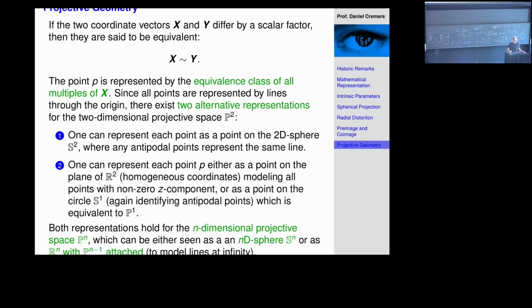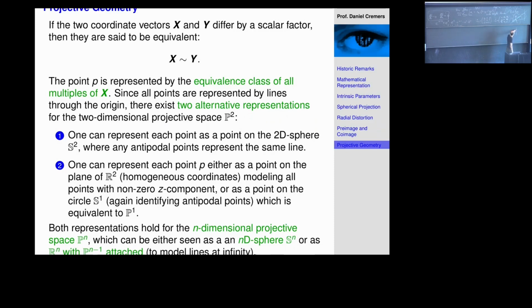This sounds all very abstract, so maybe I should make it a little bit more concrete. Unfortunately, I'm not very good at drawing four-dimensional spaces, so I'm just going to do it in one dimension less, because then things are easier. If we have a 2D plane here, and I'm drawing it as a 1D line, then we have points here.